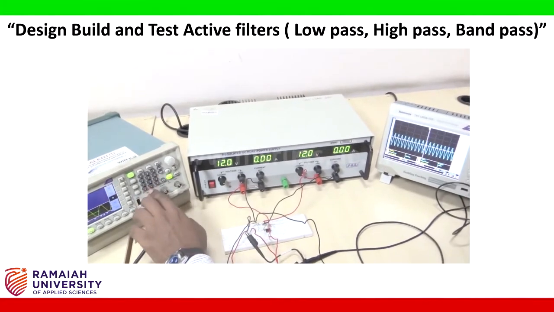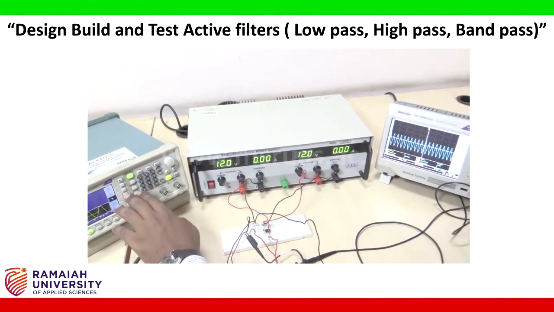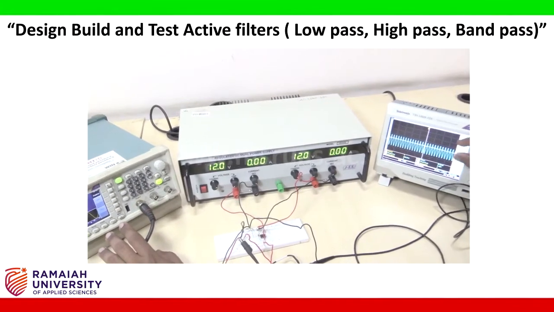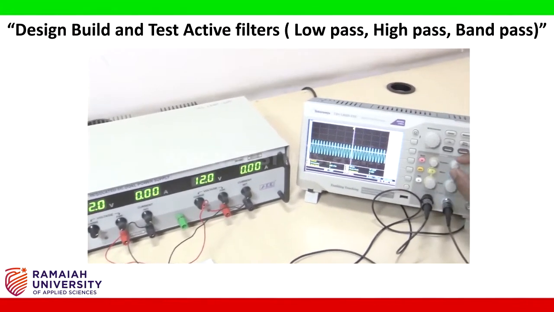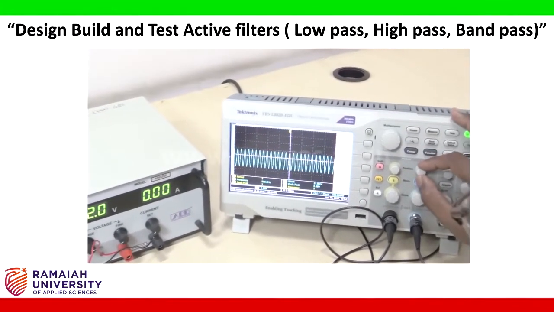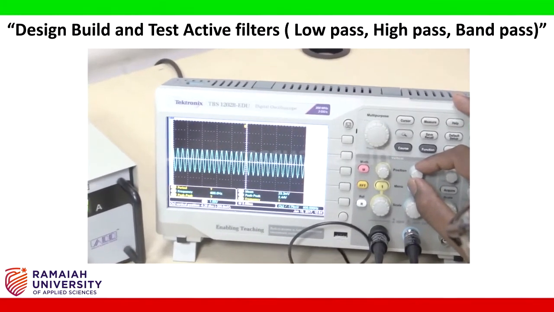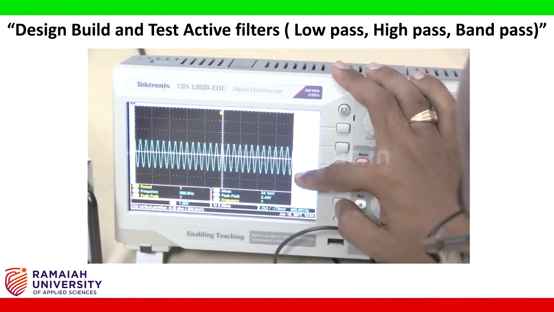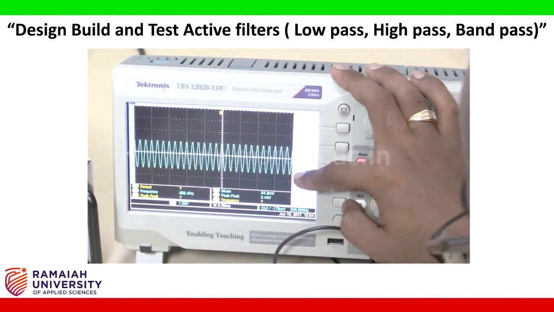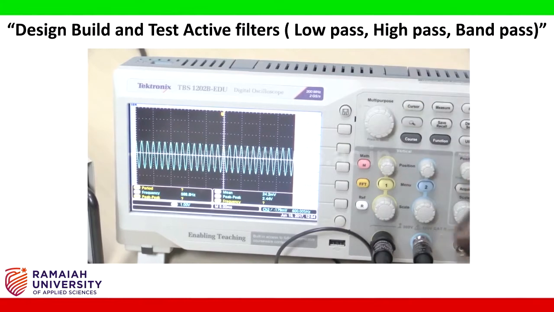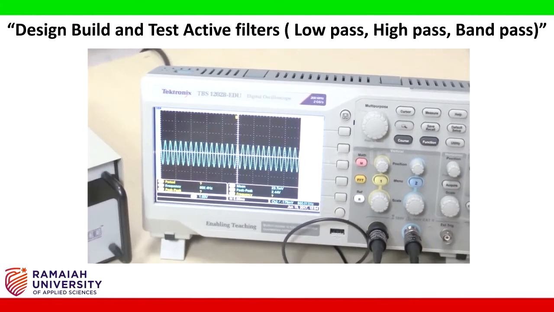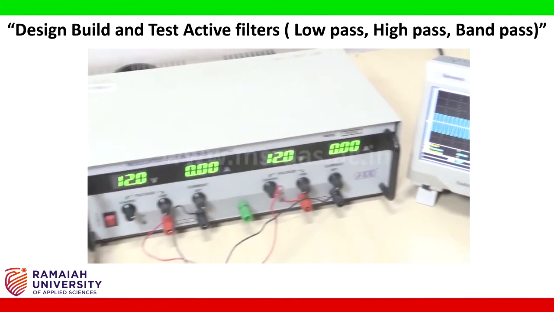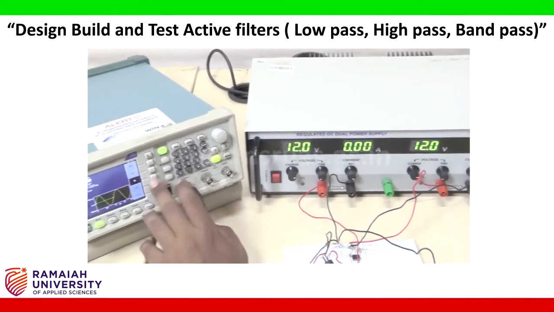I changed to some 600 hertz. Now you see the amplitude decreases slightly, 1 division, 2 division, 2.3 volt peak to peak. Let me put some 500 hertz.